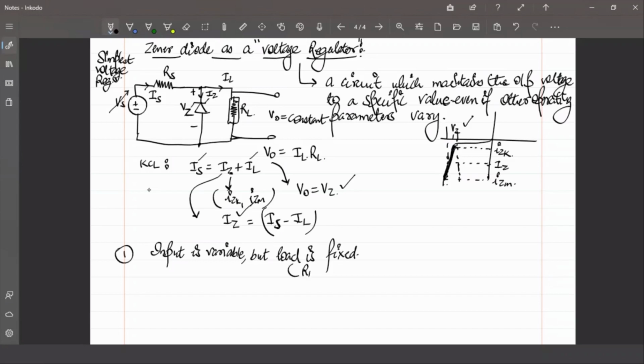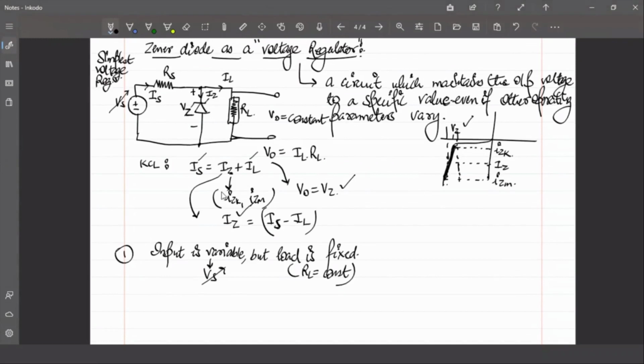That means RL is constant and the input is variable means Vs is variable. Fine. So in that particular case, what will happen?